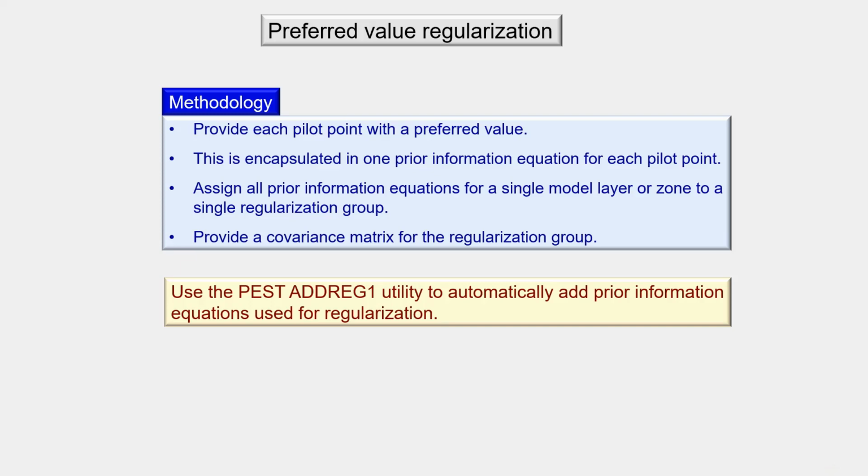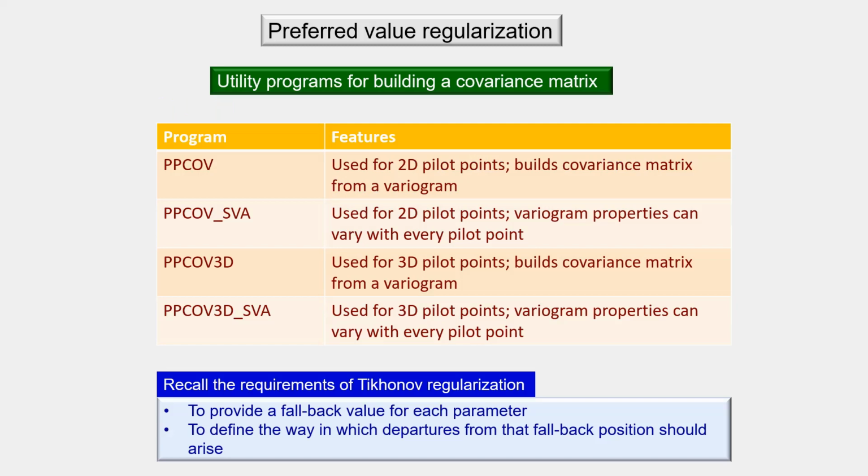So where does this covariance matrix then come from? Well, utilities provided with the groundwater data utilities give us the ability to build these covariance matrices. They can be based on a variogram, or they can be more sophisticated than that. They can be based on a spatially varying variogram.